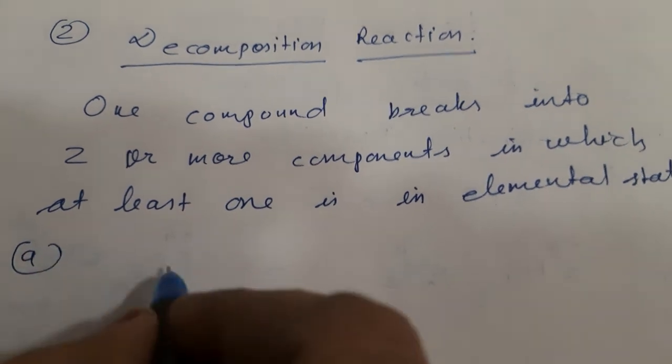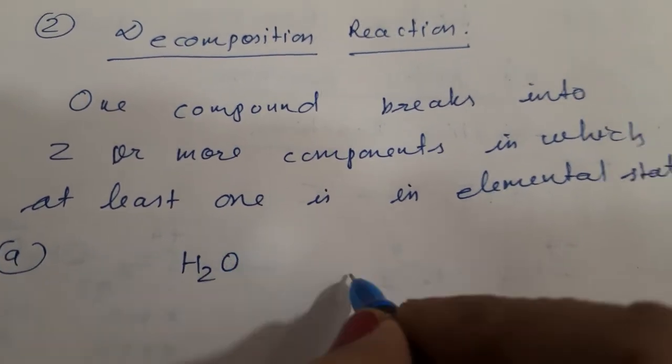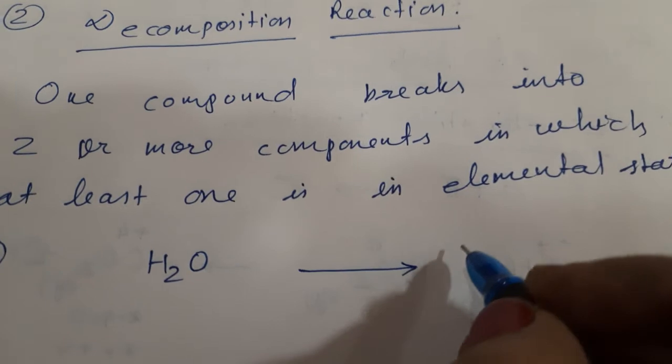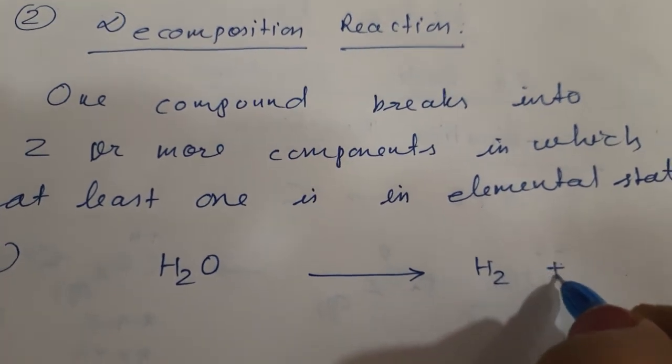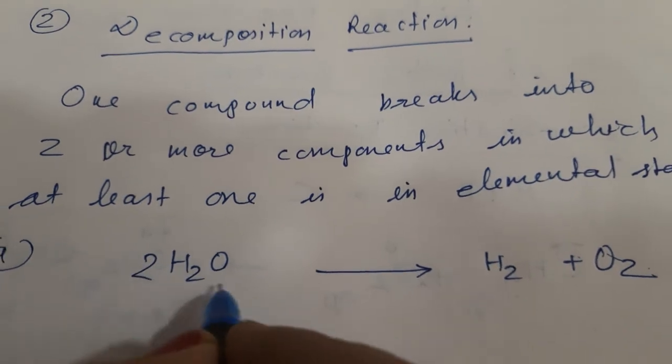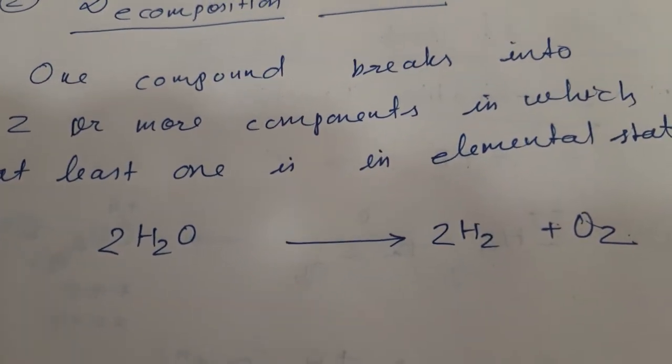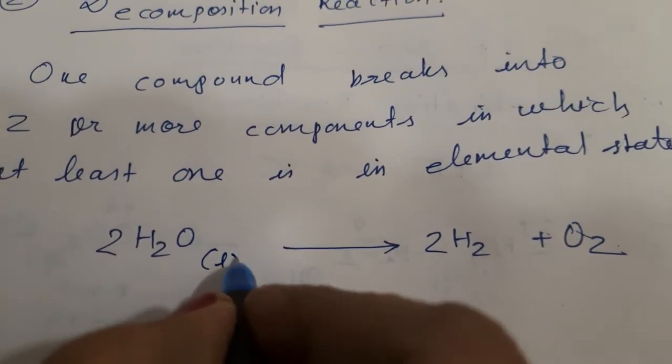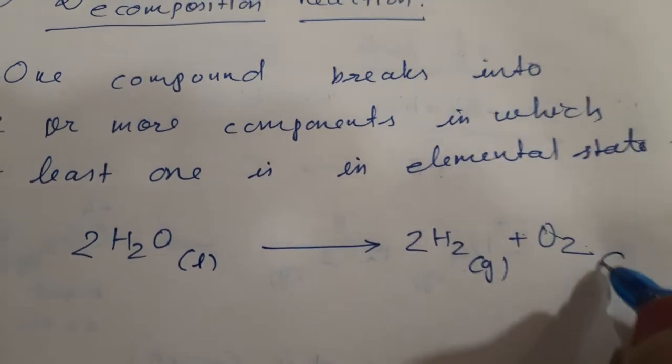First example, H2O. When H2O undergoes electrolysis, it will be broken down into H2 plus O2. So 2H2O gives 2H2 plus O2. Correct? This is liquid, this is gas, and this is also gas.